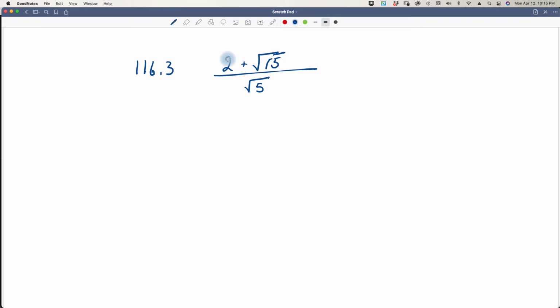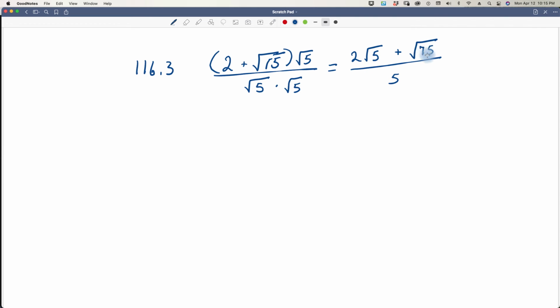So we're going to multiply times the square root of 5 over the square root of 5, and that is going to equal 2 times the square root of 5 plus the square root of 5 times 15, which is 75, over 5.